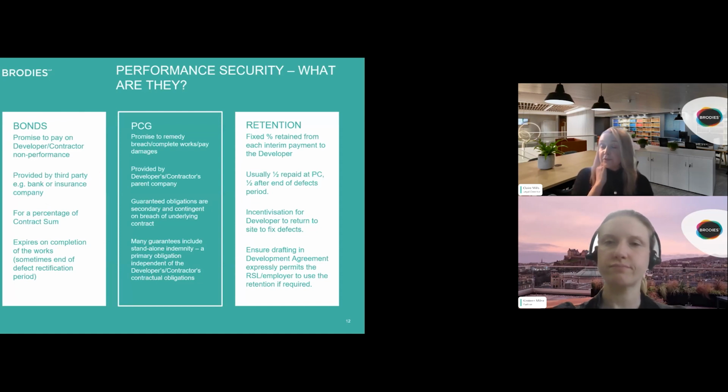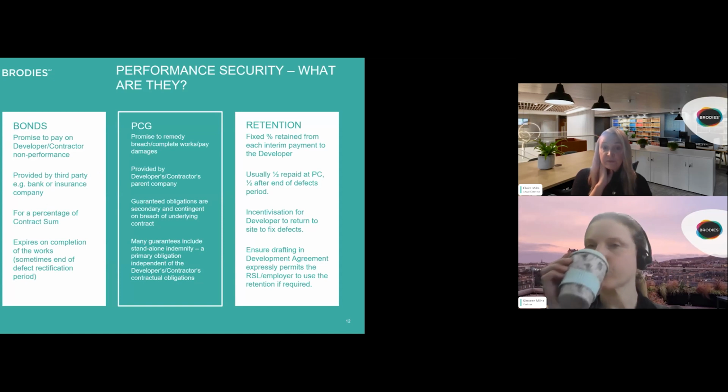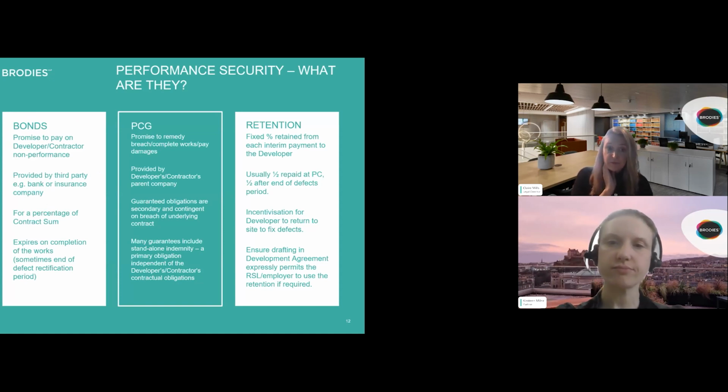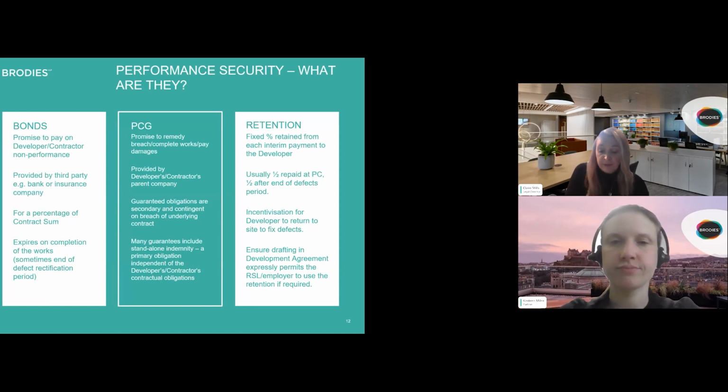So in terms of performance security, I'm going to look very briefly at bonds, parent company guarantees, and cash retention. A performance bond is a financial guarantee commonly used as a means of ensuring an RSL against the risk of the developer defaulting on any of its obligations under the development agreement or becoming insolvent during the construction period.